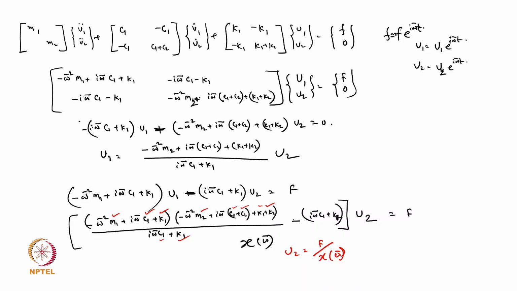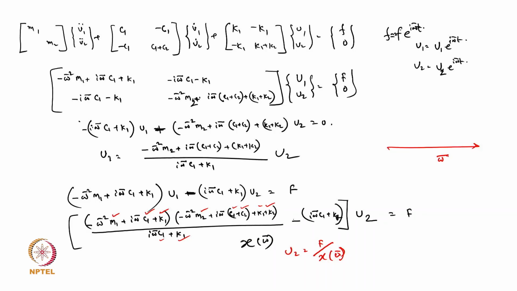That means maximization of chi of omega bar is my target. Agreed, all of you? We try to maximize chi of omega bar so that we can get the solution. Whatever the bigger value of chi of omega bar is, your displacement will be less.